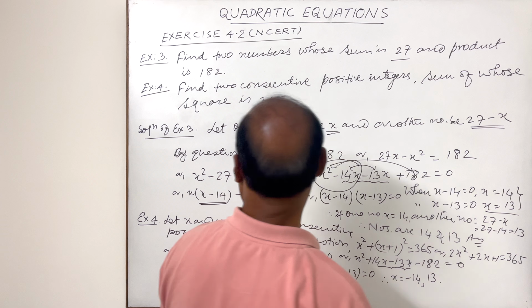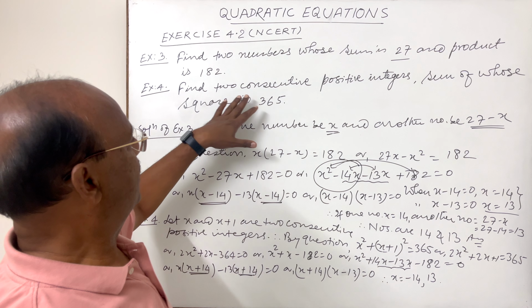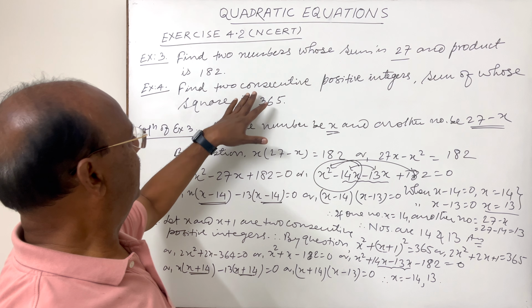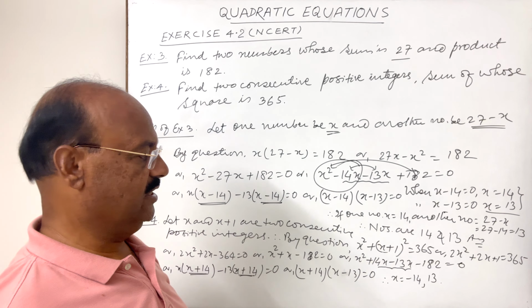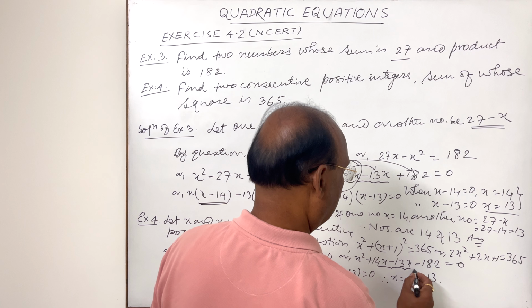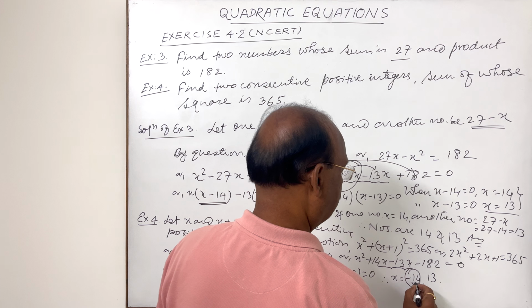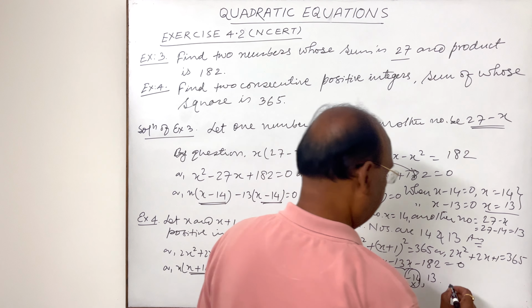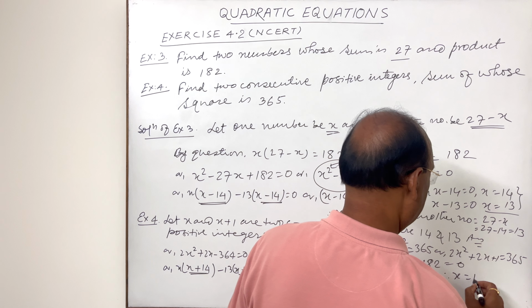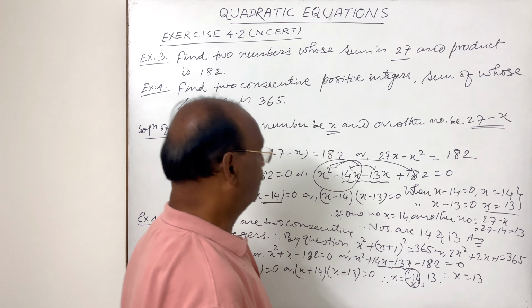But according to the question, we should take two consecutive positive integers. Minus 14 is not a positive integer, so this is not acceptable. So finally we are getting x is equal to 13. So what are the two numbers?